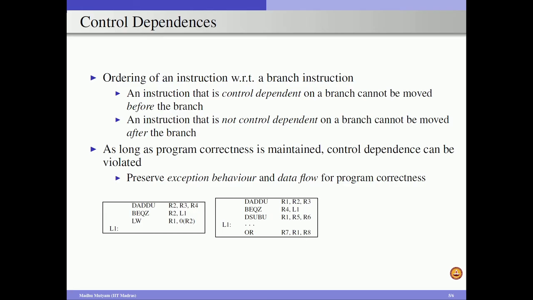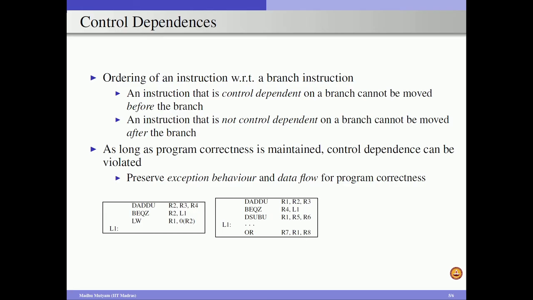So, in the first example, we know that when we rearrange the instructions, an exception may occur in the program, and in the second case, because of rearranging the instructions, there may be a change in the data flow, because the OR instruction is supposed to get the value supplied by the add instruction when the condition is true, but because of this rearrangement, the OR instruction is going to get the value supplied by the subtract instruction.